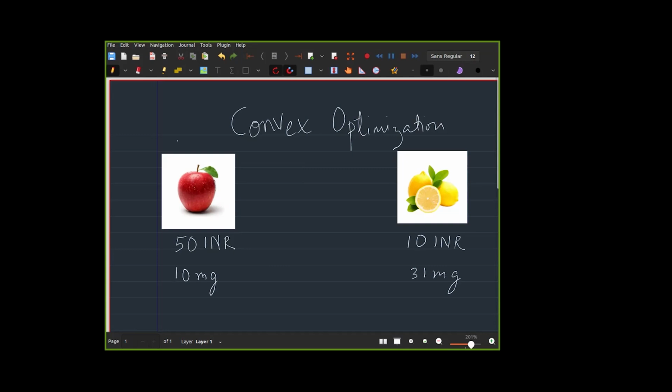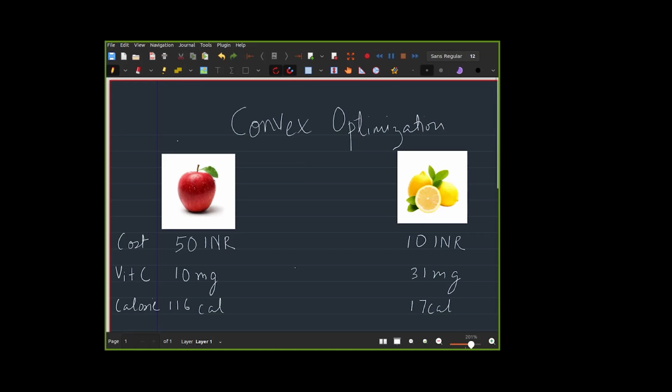And then each of them also has calories, right? So let's say for apple, we have 116 calories, and for lemon we have 17 calories, right? So this one is the cost, this one is vitamin C, and this one is calorie.